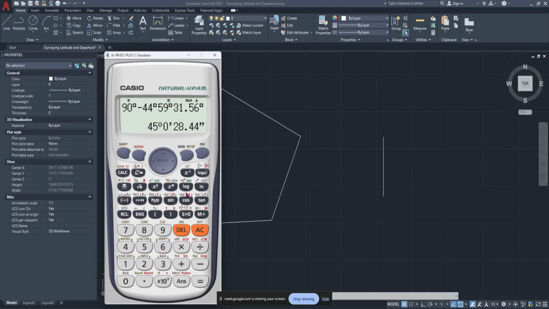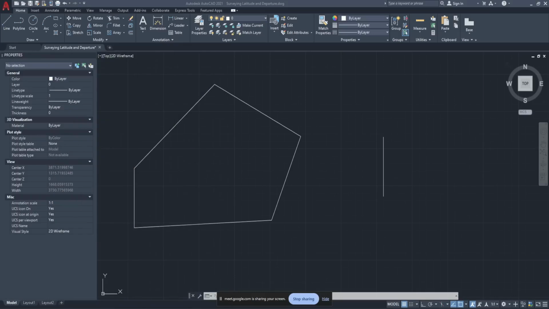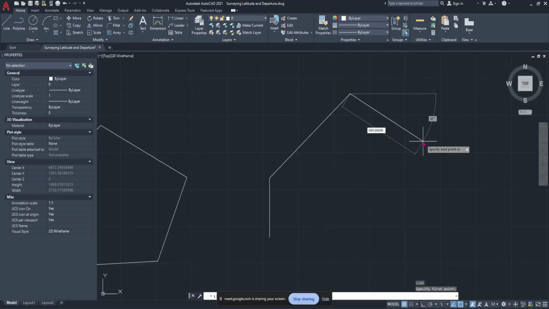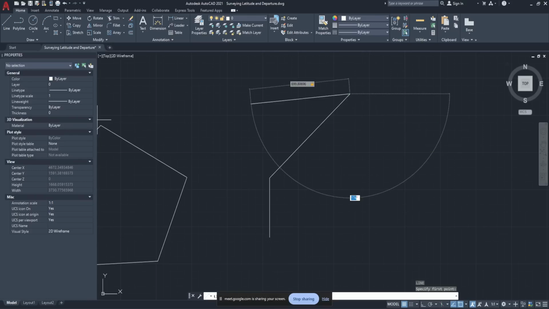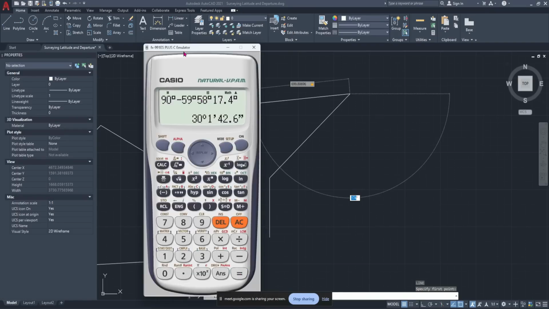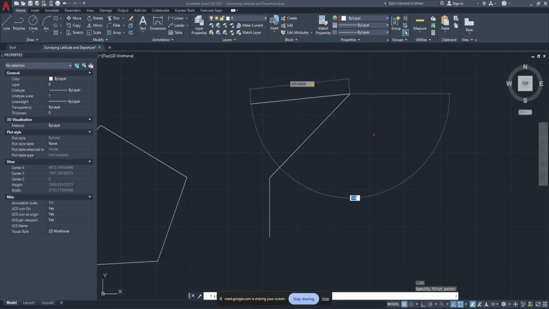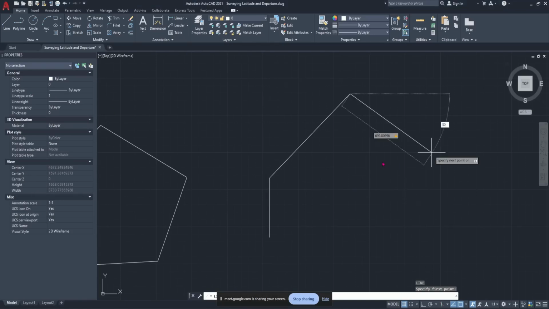So we're just going to take the complementary angle of this bearing, and that would be the angle with respect to the horizontal. For line CD, the length of the line is 699.8, and the bearing is 59 degrees 58 minutes east of south. So we also take the complementary angle, and that would be the angle with respect to the horizontal. And of course, we move in a clockwise direction.